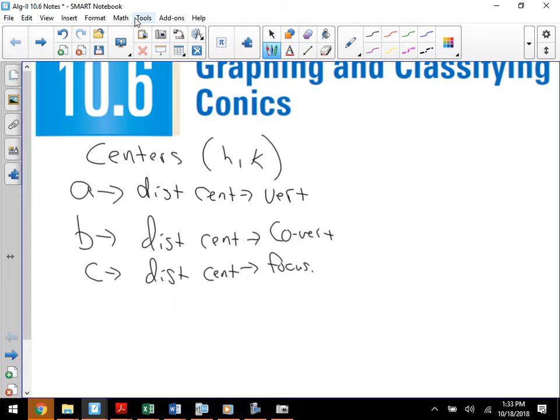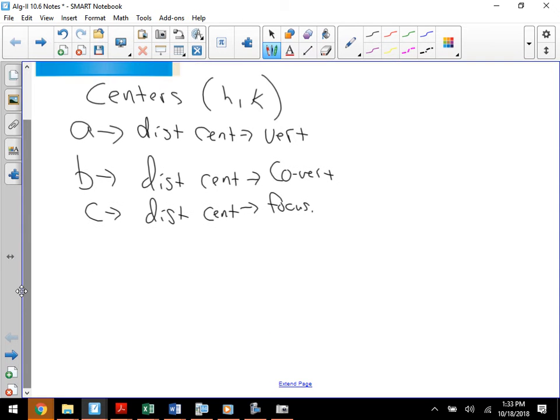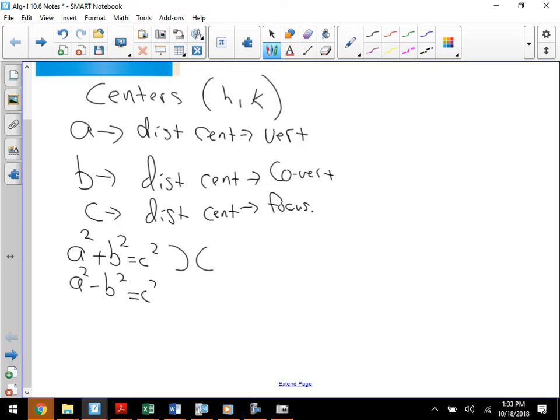The p value, that was another one we had in there. Let me write down the a squared, b squared real quick. When do you use a squared plus b squared for which shape? You're right. I'll give you that, but for hyperbolas, thank you. These are for your hyperbolas. And those are for your ellipses.